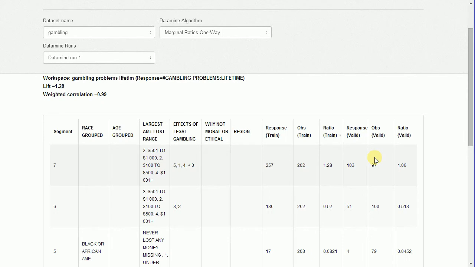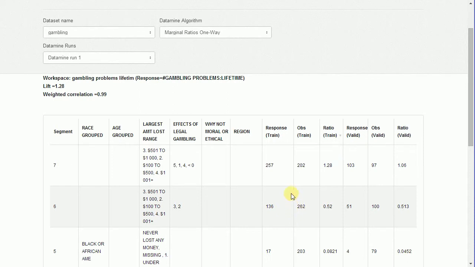If there is higher correlation between the ratios from the training data and the ratios on the validation data, then the segment definitions probably generalize well to further data that we haven't even included in this analysis at all, i.e. the entire population, as opposed to just the data that we collect.